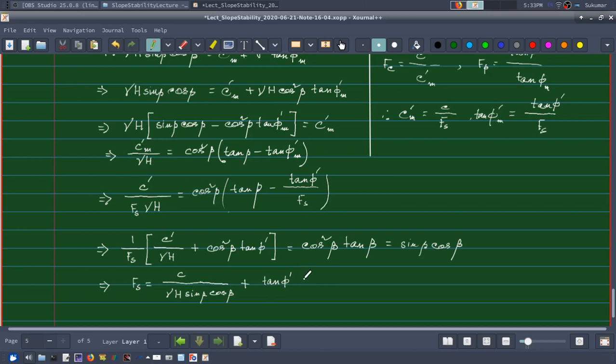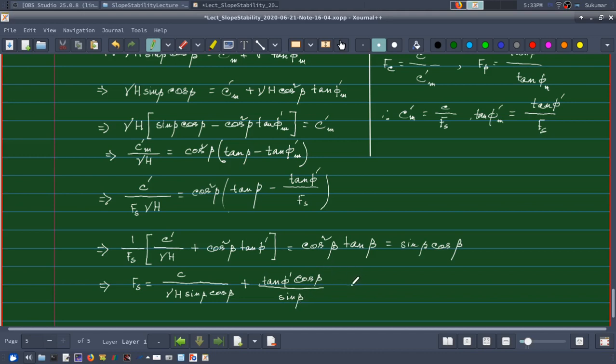Let me write it down, the full thing. I will have cos beta by sin beta, and this will give me cos beta by sin beta, which if I bring it down, will be tan beta.